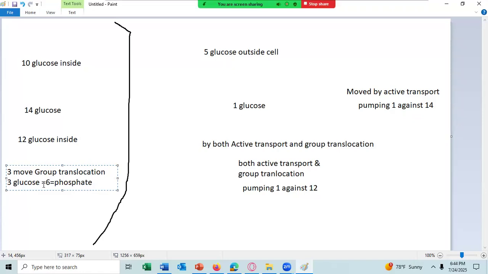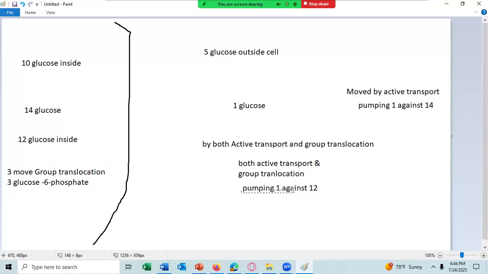It should be not an equal, but a dash. So 2.5 exactly glucose moved in by active transport, and then 3 moved in by group translocation. And that means we'll have something like 12 glucose inside the cell and 3 glucose 6-phosphate moved inside the cell.